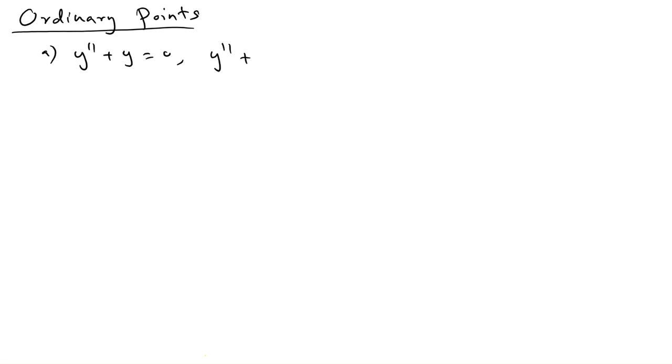So, ordinary points. Let's look at this one. The first one, let's say y double prime plus y equals 0, and let's say y double prime plus 3y prime plus 2y equals 0. You can see that the coefficient functions are constants. That means when you divide, that's just a constant. This is a nice analytic function.